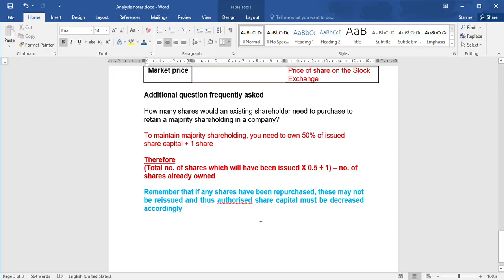So you subtract the bought back shares, use that figure, add 50%, add one share, and then subtract the shares that you already own. And then if you're asked what amount you would have to pay, you will then take that amount multiplied by the market value or the issue price of the shares, whichever they tell you.